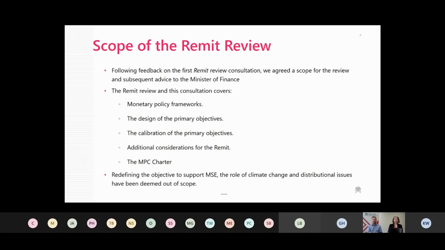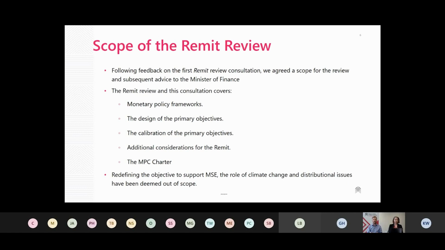So in terms of the scope of what we're going to discuss today and what we are seeking feedback on, we're first going to talk through the broad frameworks within which monetary policy operates. We operate what's called a flexible inflation targeting regime at the moment, but there are other regimes that we could consider.